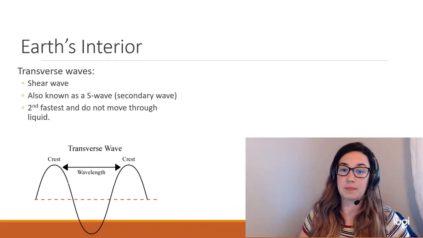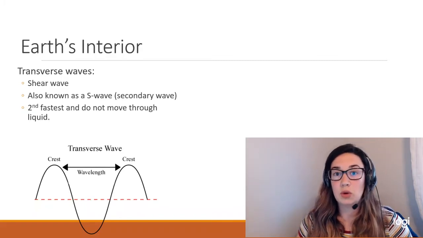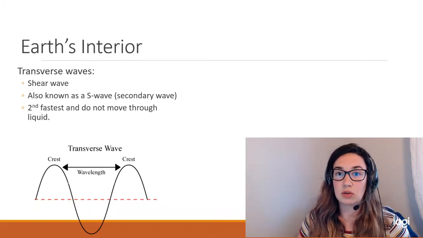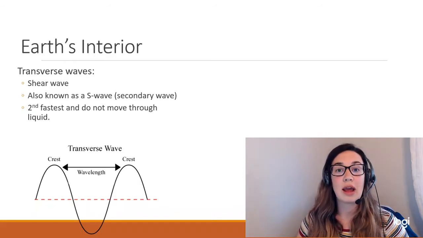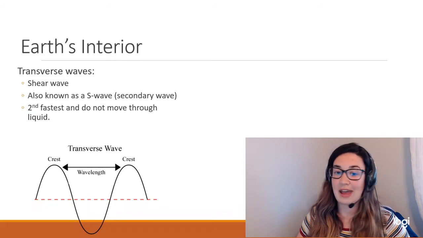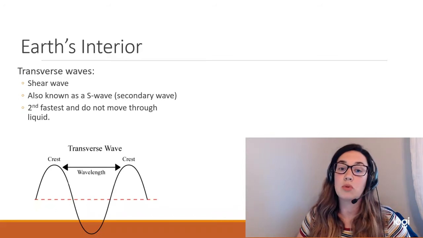When you have, say, an earthquake, you'd have the P wave, or the primary wave, come through first, and then you would have the secondary wave come through. They're not as fast, so that's why they come through secondarily, and they're not moving through liquid.